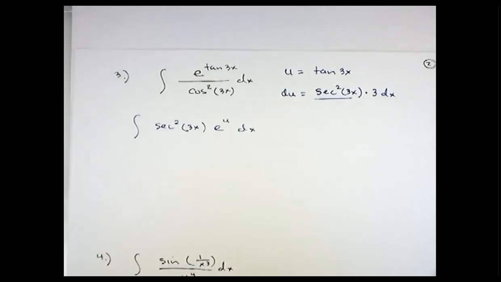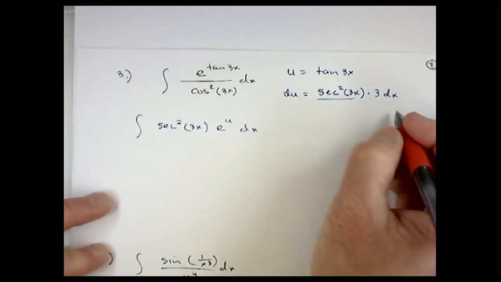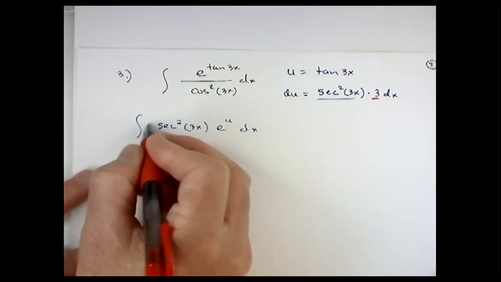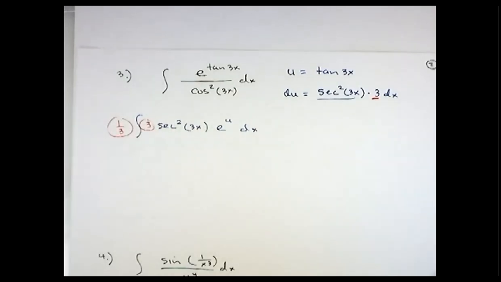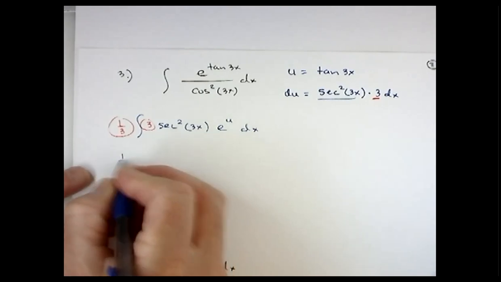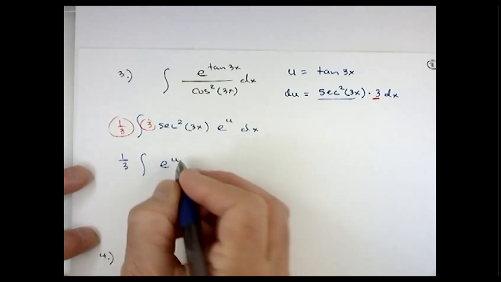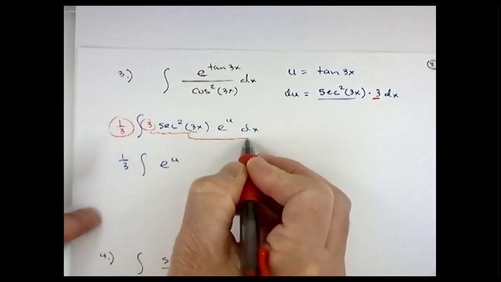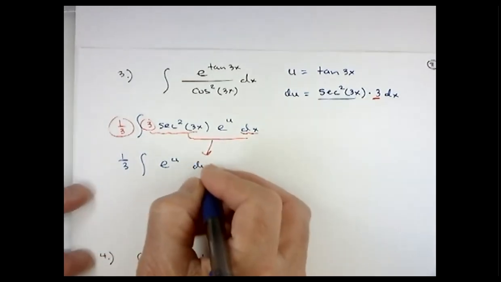But I can replace it. What's the only thing I need to wish for? Three. Yep. And where I put it doesn't really matter. I'm going to put it in front, and compensate with a 1/3. And that together with this just becomes du.